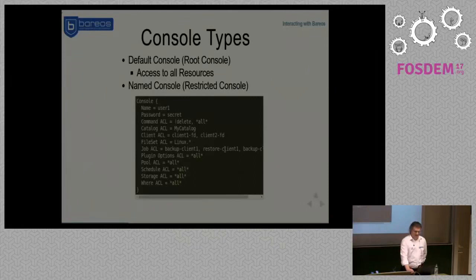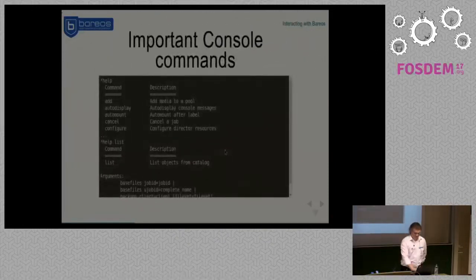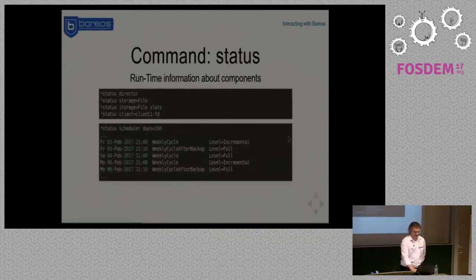I'll walk through some of the important commands of Bareos. Help is always important to get the list of all commands available. If you also want to know the parameters, you type in help and then the command name, for the list of the parameters. For runtime information of the different components, you can ask status director, which shows you information from the director, or you can ask for the status of one of your storage systems that's attached to it.